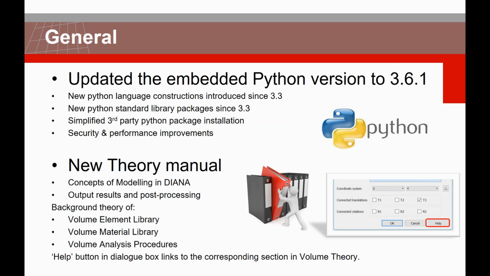To this end, we have released concepts of modeling in DIANA based on the associated operational features from the GUI, and also the post-processing and the output of the results in post-processing. You can find them in the new theory manual. Further on, we have hyperlinked all the necessary dialog boxes throughout the GUI with the help icon, in order to link all the necessary background information from the relevant selected function to the corresponding parts of the manual.